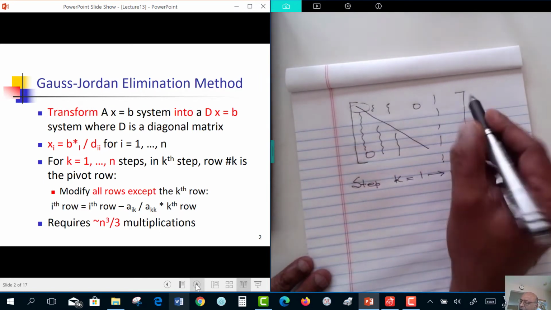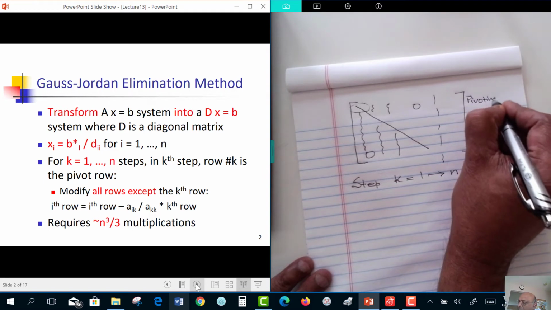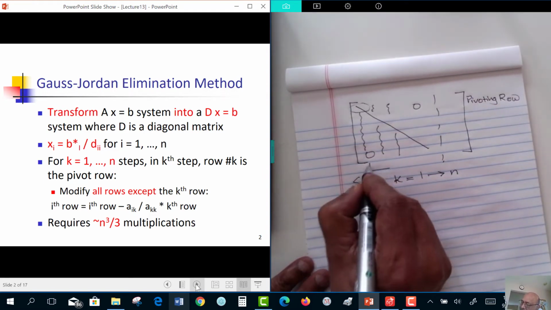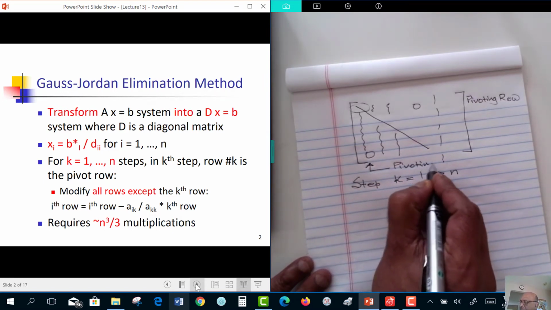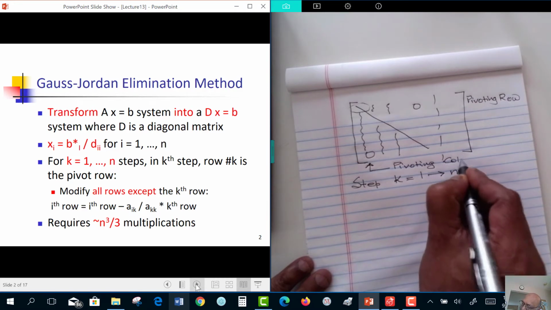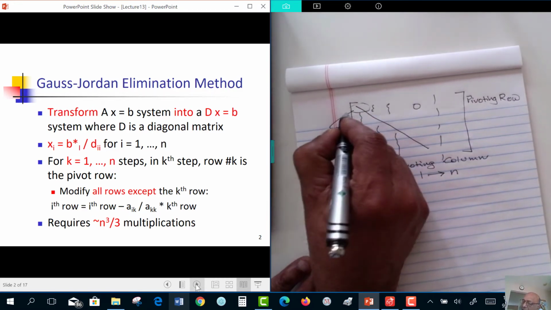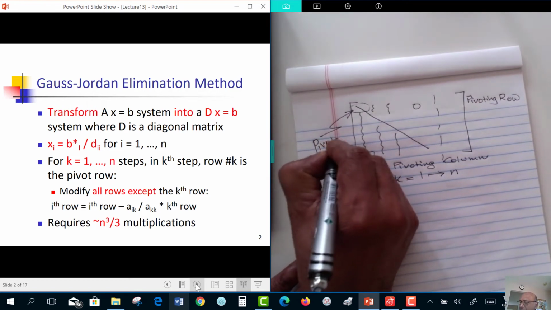So first row becomes our pivoting row, and this first column becomes our pivoting column. And the first row, first column element is called pivoting element.